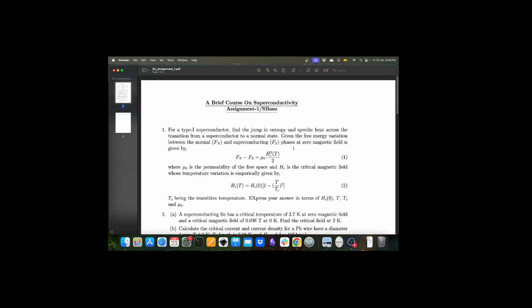We need to find the jump, meaning S_C minus S_normal across the transition temperature, so at T equal to Tc, or around T equal to Tc. And what is given is that we have a free energy. The question uses N as normal, so let me use the same. So this is normal and this is S as the superconducting state.